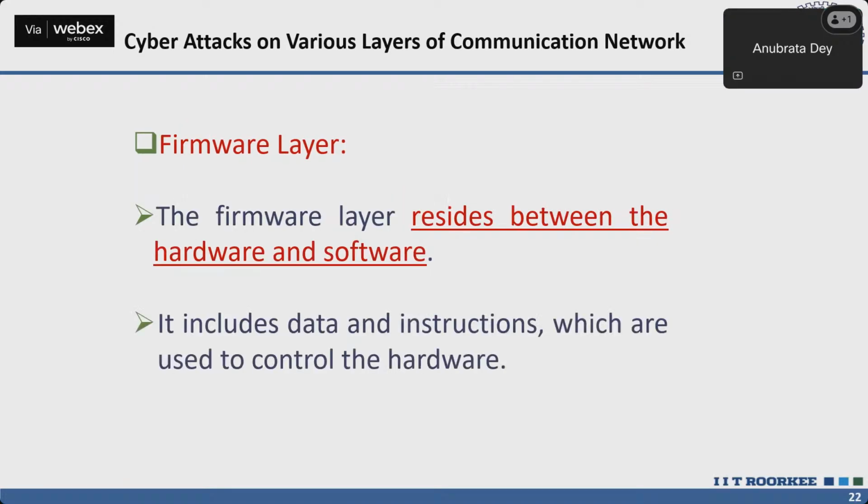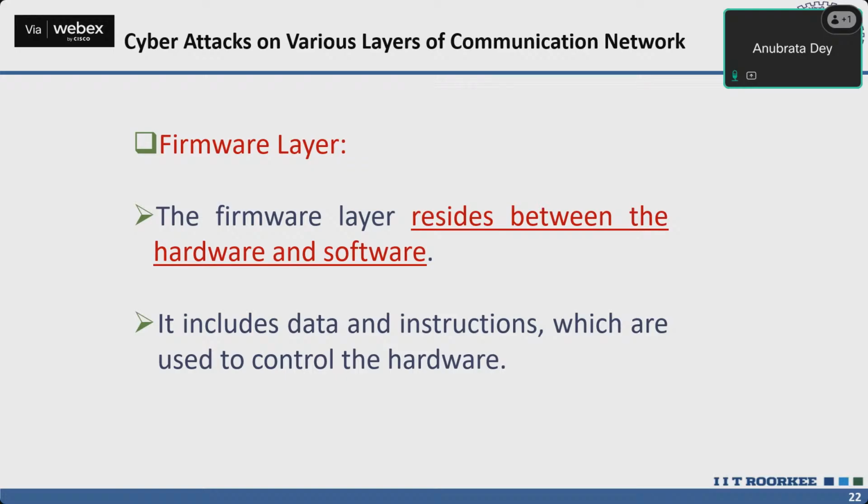The firmware layer is a layer which resides between the hardware layer and the software layer. We know that we have one smart meter which is controlled by dedicated software, right, which is given by the manufacturer of that smart meter. That software controls your smart meter, which is a hardware device, and the firmware layer is between the hardware layer and software layer.